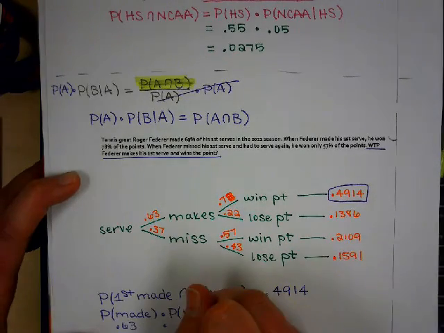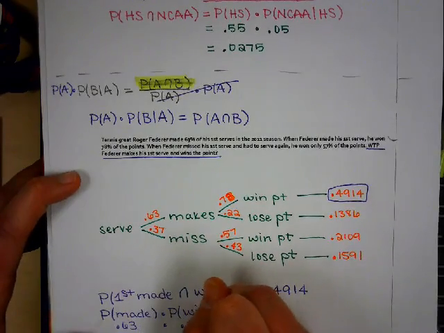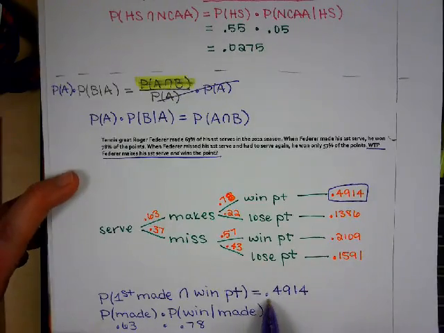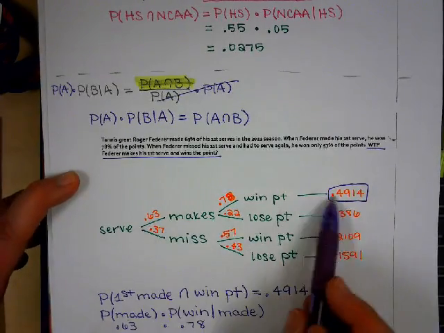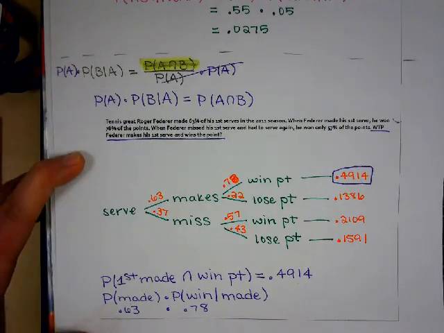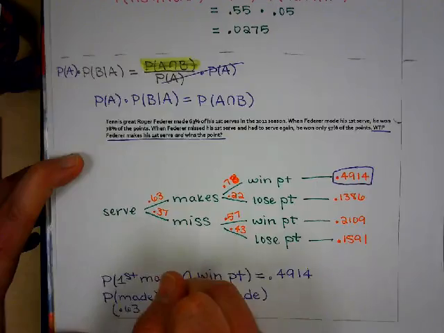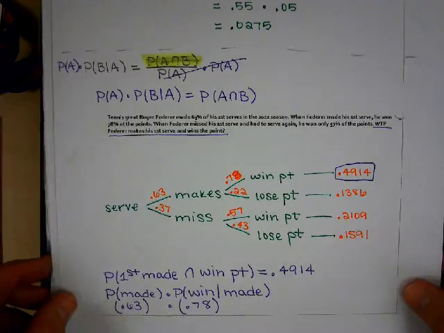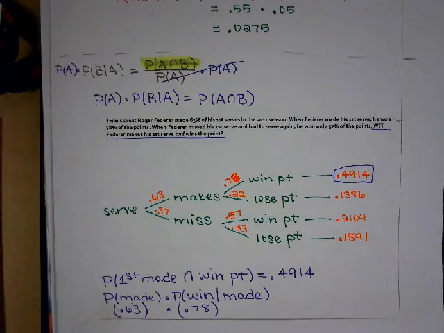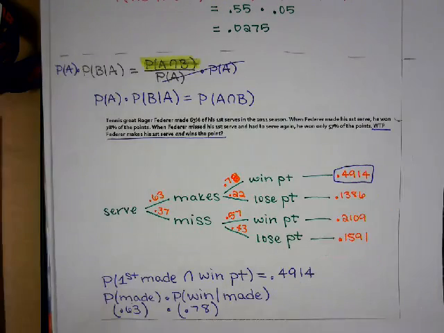So a tree diagram is doing the general multiplication rule for you. You could make the tree diagram, or just use the general multiplication rule because you were given the two pieces of information you needed.